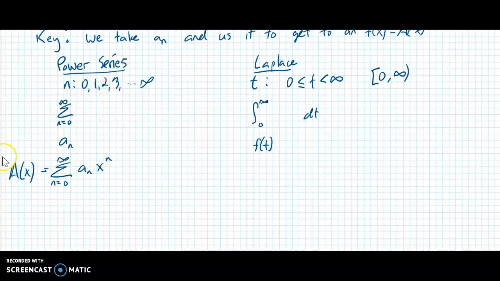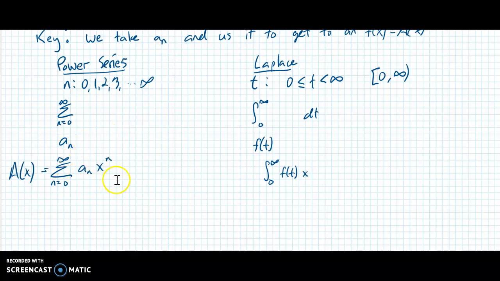So the sum of a sub n goes to the sum of a of x. What I get is, instead of a summation, the integral from 0 to infinity. Instead of a sub n, I'm going to put f of t. I'm going to write x to the n.